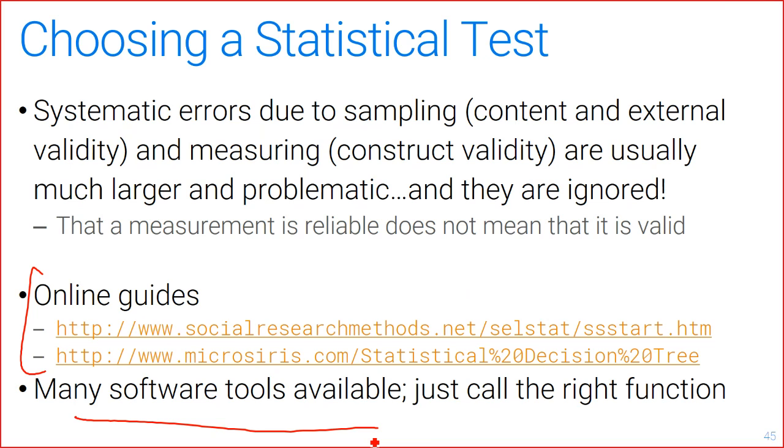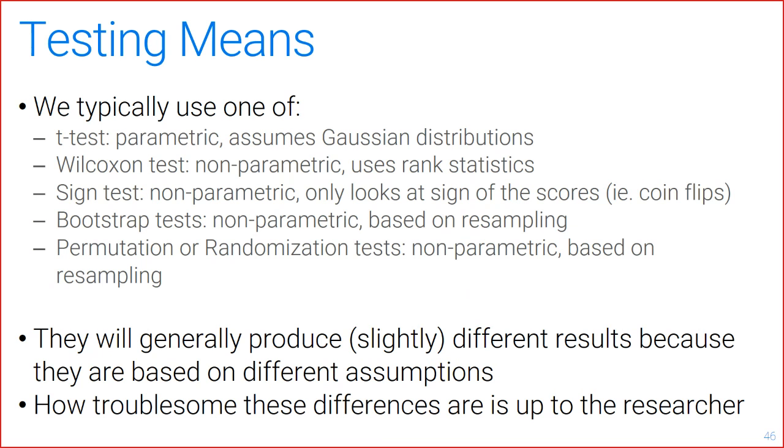And so for the specific case of testing the means, which is what we are typically interested in, we have multiple options. We have been talking about the t-test, which assumes Gaussian distributions. If you do not want to assume Gaussian distributions, then we have something called the Wilcoxon test, which is going to assume the distributions are at least symmetrical, but not Gaussian.